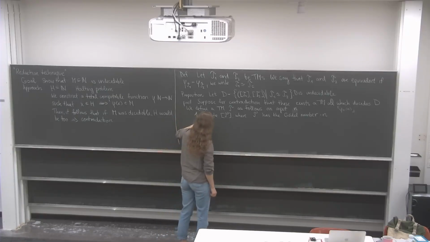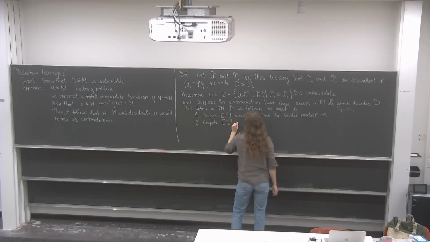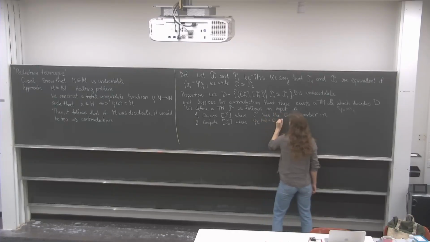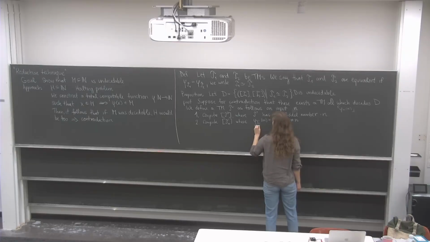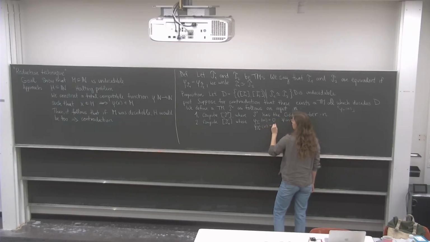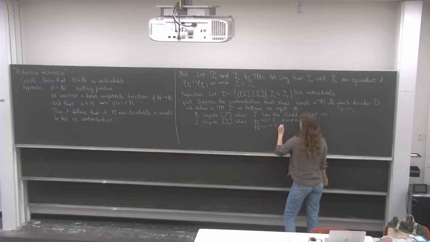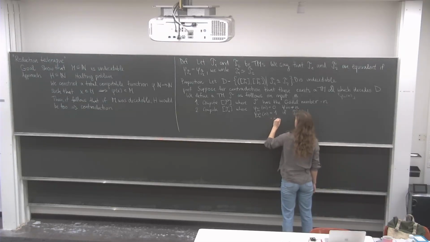So compute the description of T prime n, where phi of T prime n at m is 0 for all m different from n, and phi of T prime n at n is 1, if T n at n halts, and is undefined otherwise.